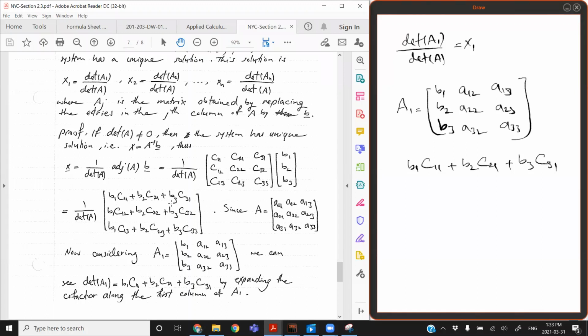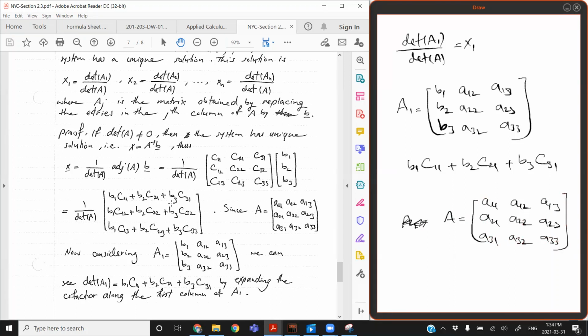Now notice that the cofactors for these three positions for matrix A and for matrix A1 are the same, because A is this matrix here, A11, A12, A13, A21, A22, A23, A31, A32, A33.